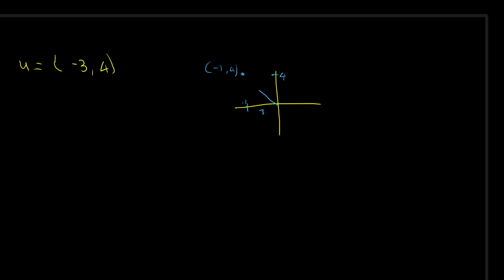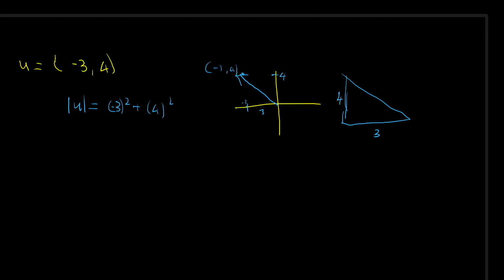And this is going to be our vector. Remember, we can draw a little triangle quickly. So we know this is going to be 3, this is going to be 4. Let's look at the magnitude. The magnitude is minus 3 squared plus 4 squared.